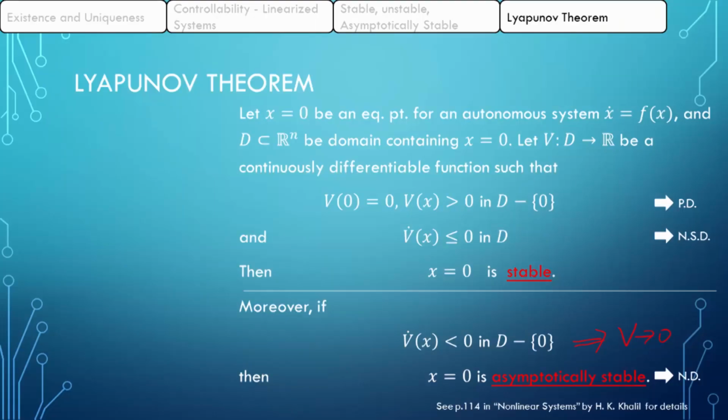Then let a function V map from D to R. Okay, so mapping means you map an argument to the value of the function, right? It's kind of like f(x). You map x to f(x), right? Okay, like a vending machine, 投影机.